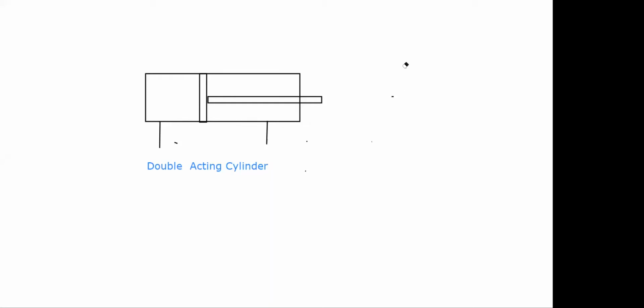Now we are going to see the single acting spring return cylinder. Now we are going to study the symbol for the single acting spring return cylinder. Single acting means the fluid is coming from this one direction only, and spring return means we are going to connect a spring here to this piston.